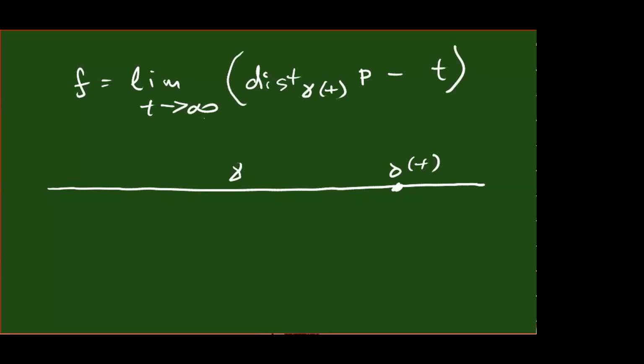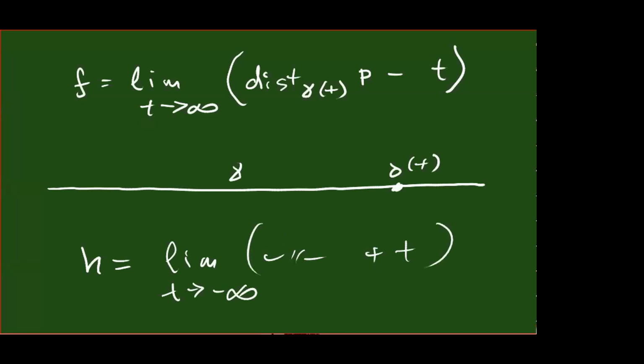This is a non-increasing function as t increases, so it has a limit, and this function has perfect meaning, right? And let's write h for the same thing for the limit as t goes to minus infinity, with plus t here. That's another Busemann function for approaching infinity in the opposite direction.